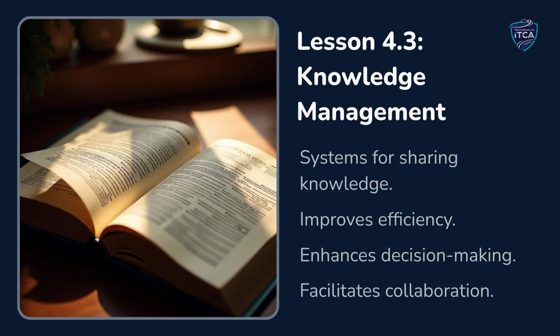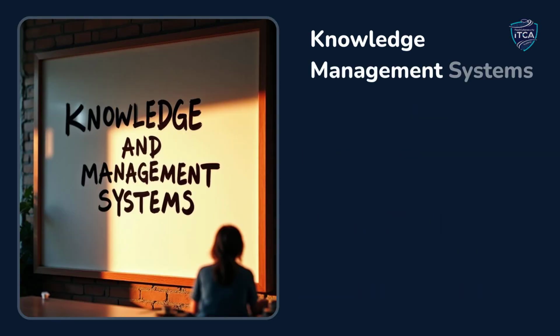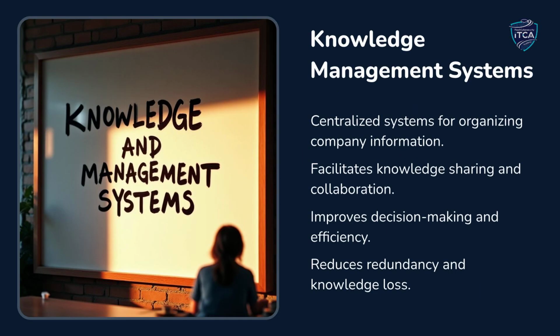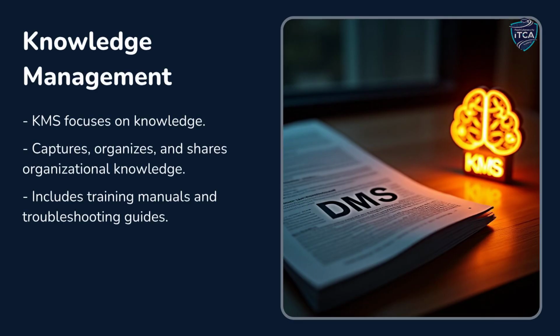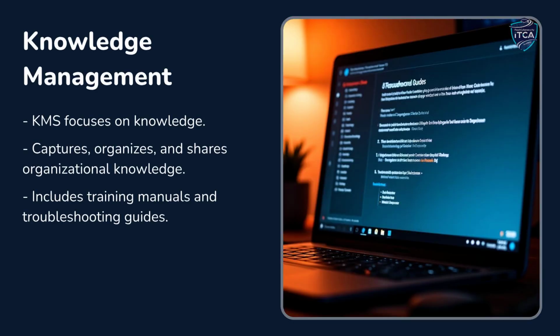Lesson 4.3, Knowledge Management Systems, KMS. Now, let's talk about knowledge management systems. While DMS focuses on documents, a KMS focuses on knowledge. It captures, organizes, and shares what the organization knows, from training manuals to troubleshooting guides.